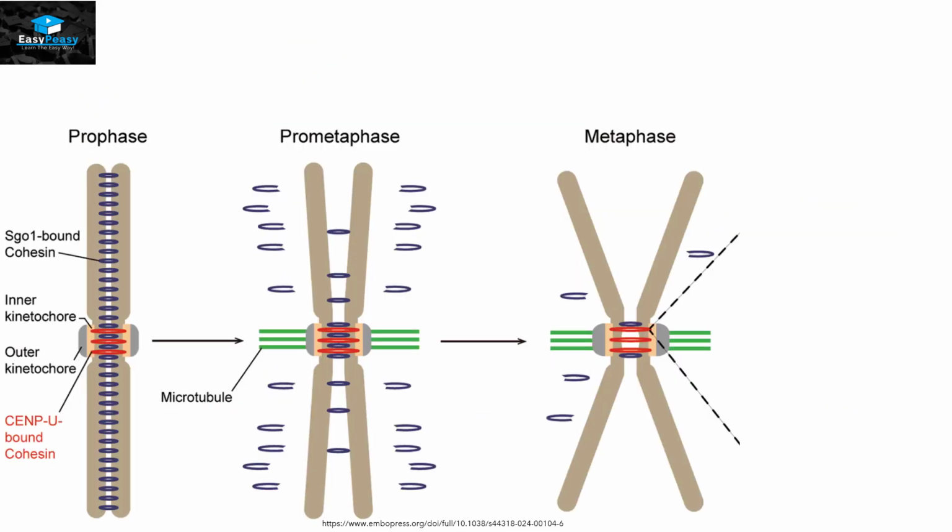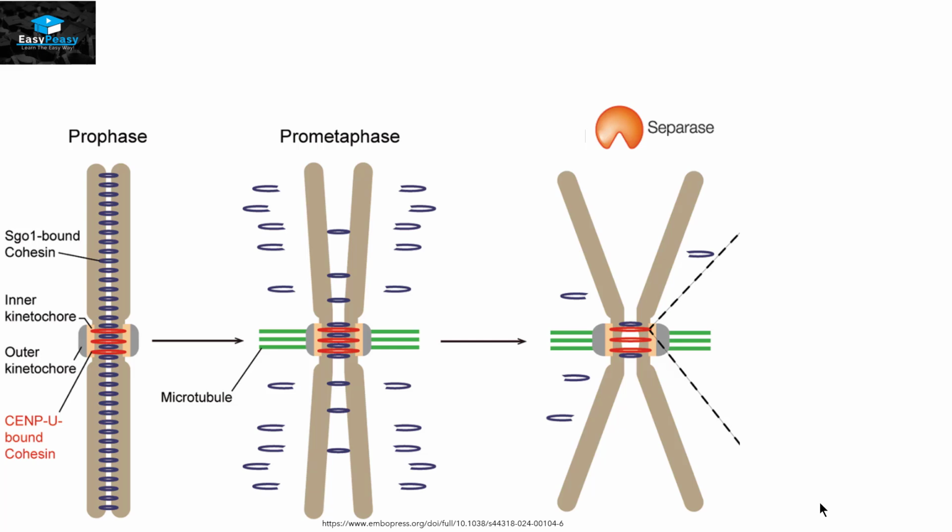Even at the time of metaphase, when the centromere protein is degraded, the cyclin-dependent kinase works there too. As we discussed before, in anaphase we have an enzyme called separase that degrades the cohesin protein.